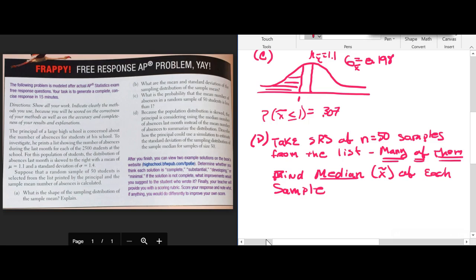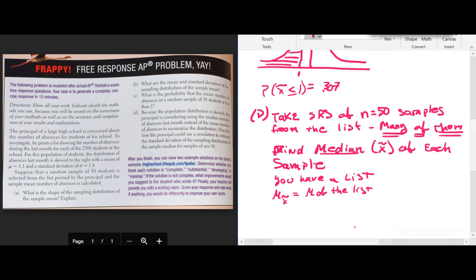And then you now have a list. The mean of the medians is going to be the mean of the list that you generated. The standard deviation for the medians is going to be the standard deviation of the list that you generated.